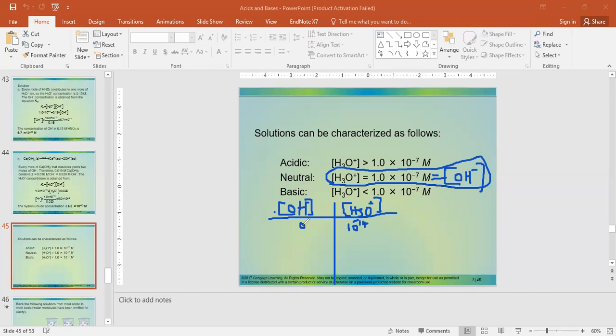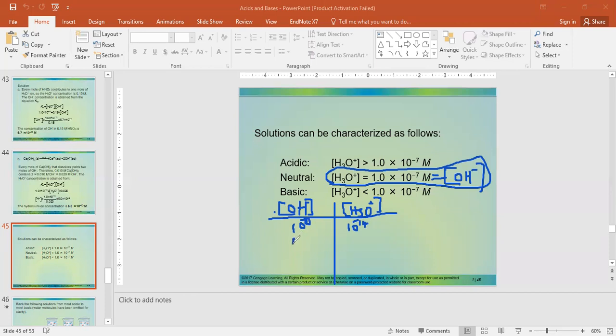Is when this is a 10 to power minus 1, or if this is 10 to power 0, 10 to power 0 actually is 1. If this is 10 to power 0, then this one must be 10 to power minus 14.